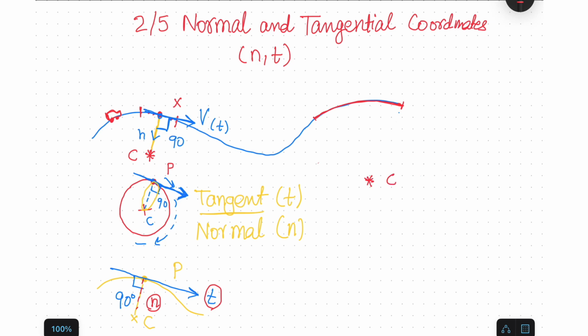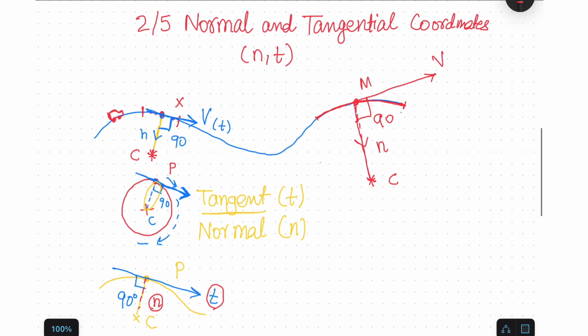When I connect for this point M, there will be an n vector towards the center, and a perpendicular line to it at 90 degrees. Suppose I'm talking about the velocity: this is the velocity in the tangential direction, v_t, and this is the velocity in the n direction, right?